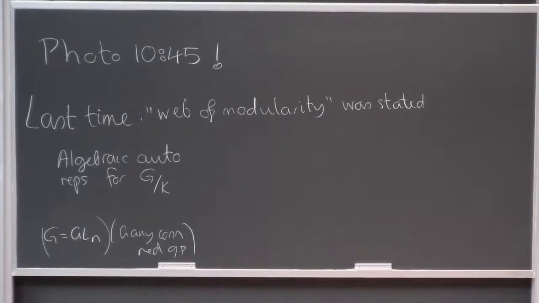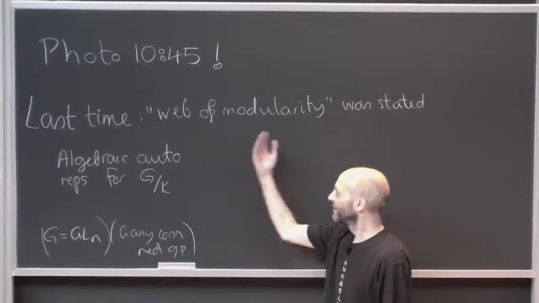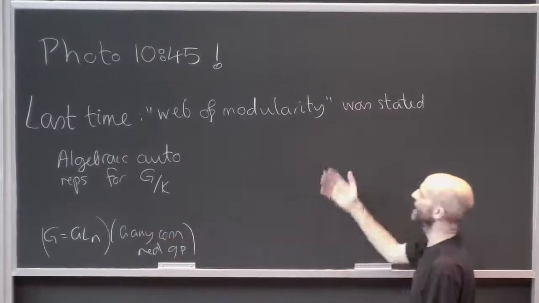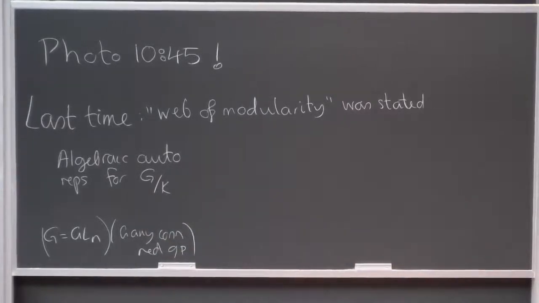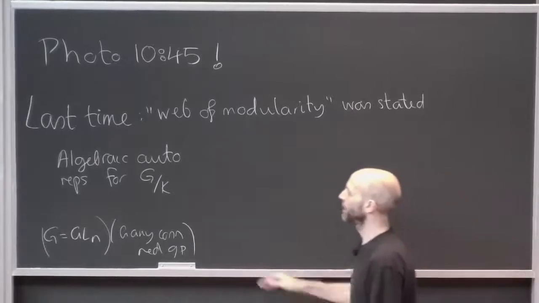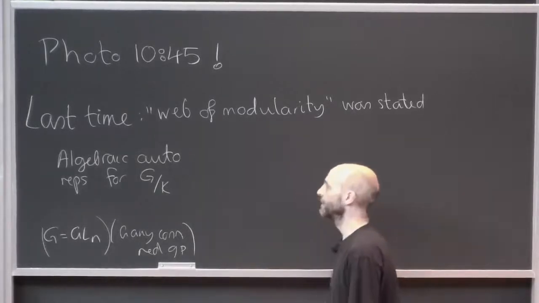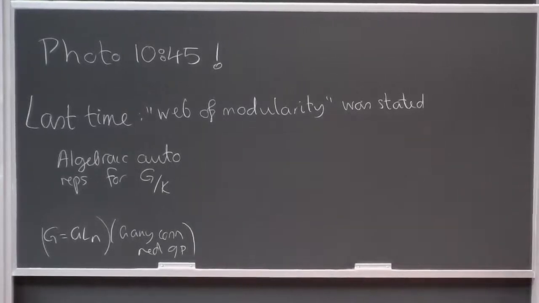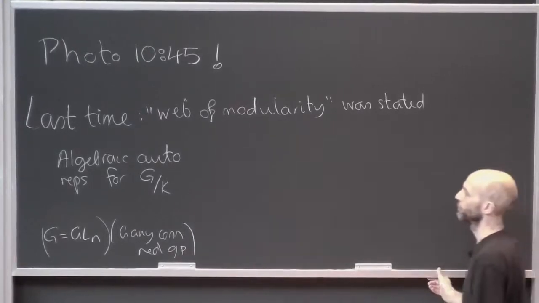For GL2 and GLN, it's nice because there are concrete examples. But when you're defining these abstract things, you don't need G to be GLN. You can let G be any symplectic or orthogonal group or all sorts of things, right?